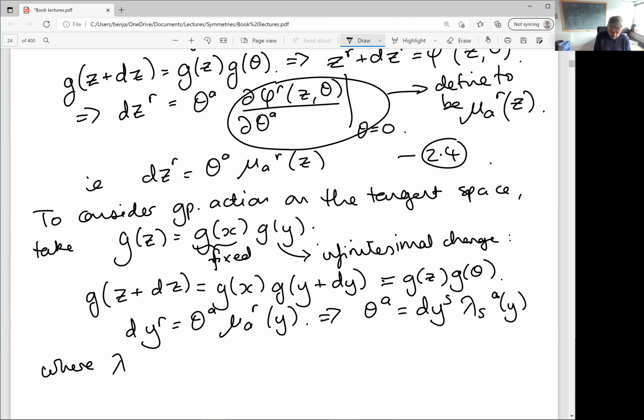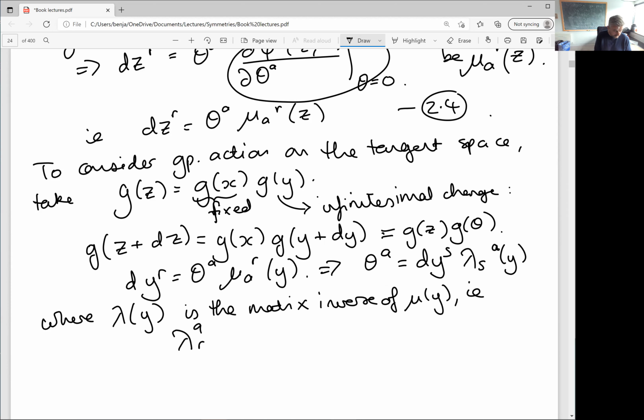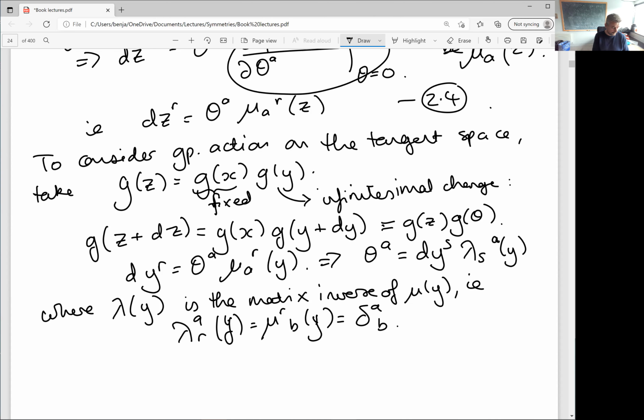So this matrix lambda(y) is the matrix inverse of mu(y). Writing it out in components, λ_a^r(y) μ_r^b(y) equals δ_a^b, where this delta is just the Kronecker delta, 0 if a is not equal to b, but 1 if a equals b.